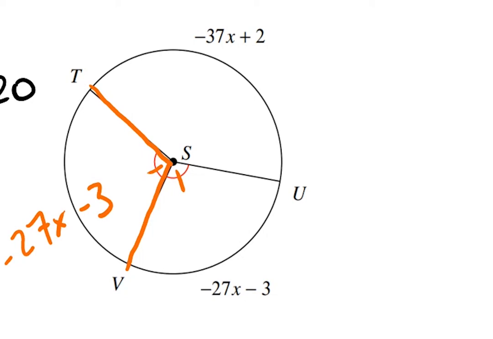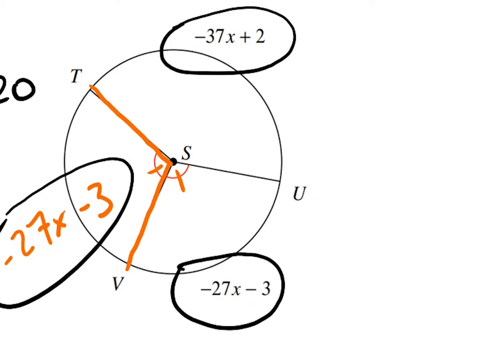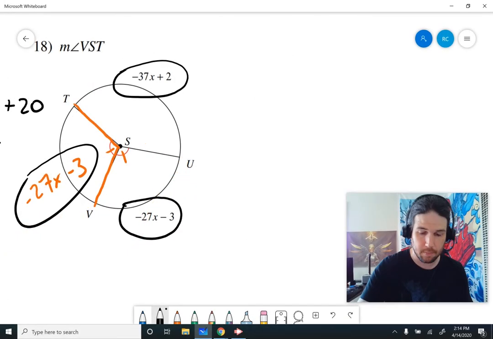So the setup for this one is blessedly easy. Just take all three of them, add up to make 360, and then we can solve for x and then use x to find the angle.